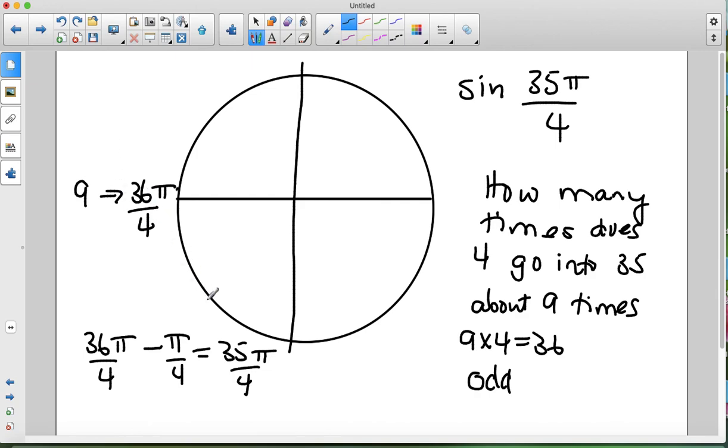Which way is subtraction? Subtraction is in this direction, because it's going clockwise. And that would mean that this right here represents 35 pi over 4.